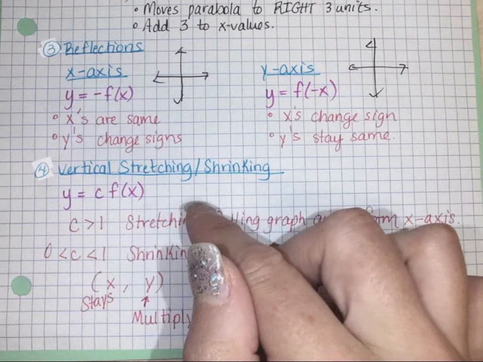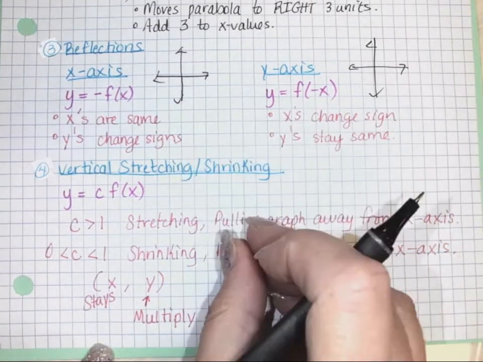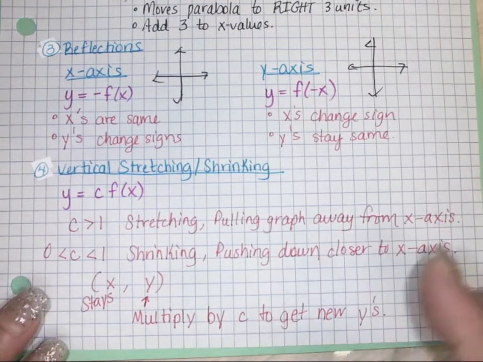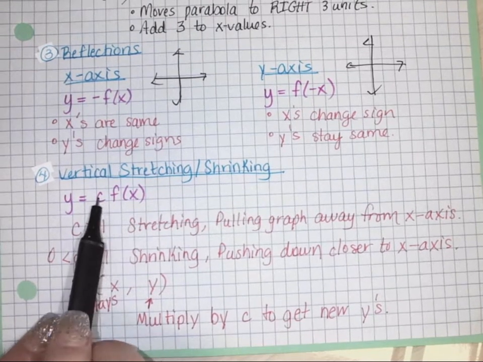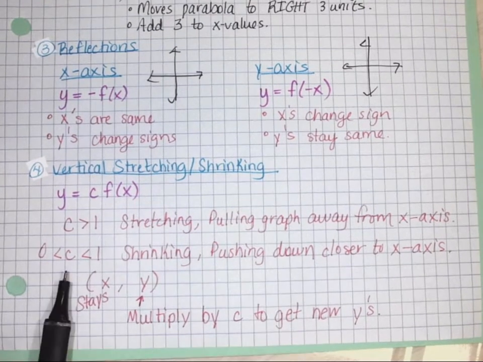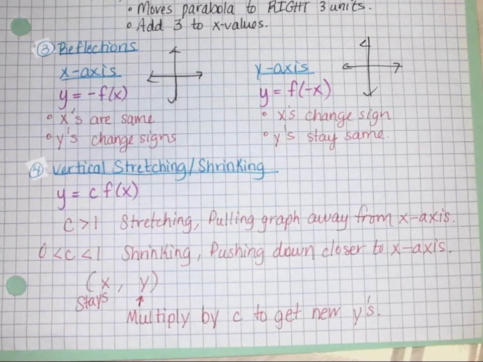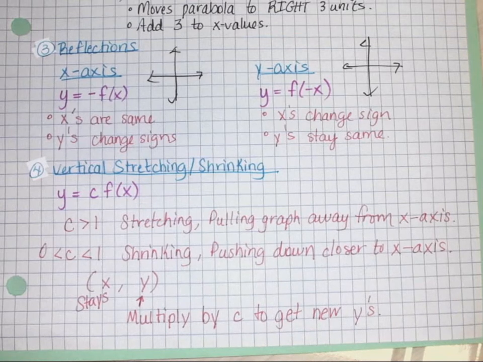So if I'm taking a standard parabola, it would actually just pull it and stretch it very tall in a sense, pulling it away from the x-axis. If your number that's multiplied out front is between 0 and 1, or in other words, a decimal or a fraction, it's actually going to shrink your graph and push it down closer to the x-axis.